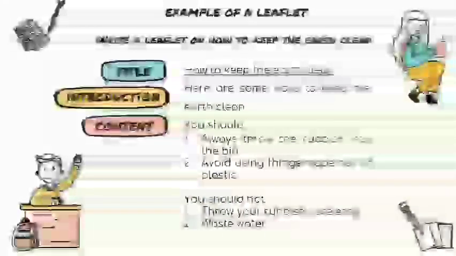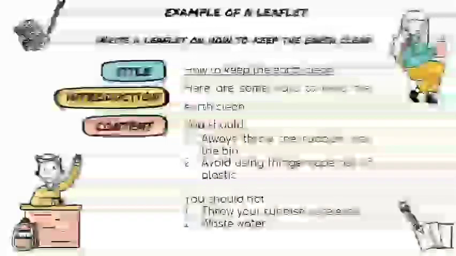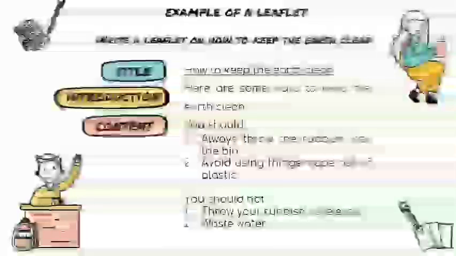So this is how you should write it. You should, number one, your first content. Number two, your second content. Remember not to repeat yourself. Do not write, you should always throw the rubbish into the bin, and then repeat it again. No. You have to write down you should as the mini title, and then number your contents.